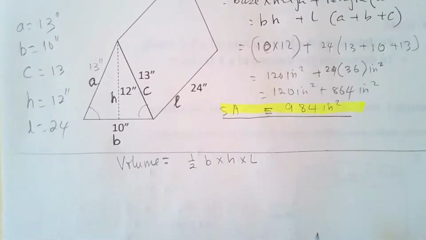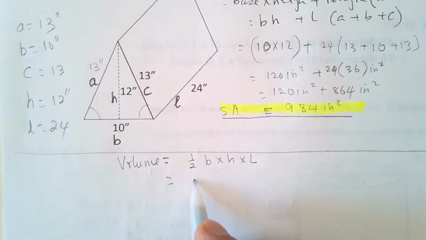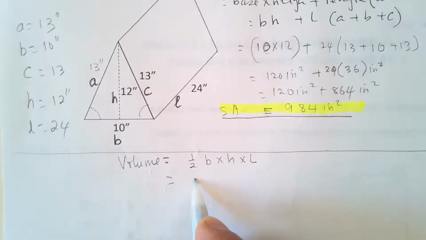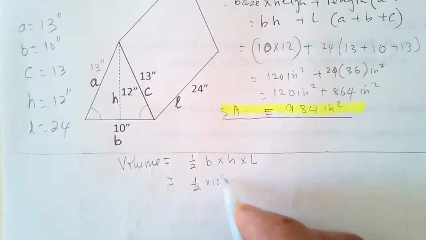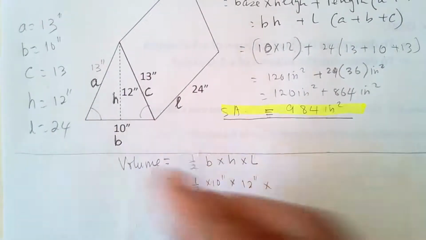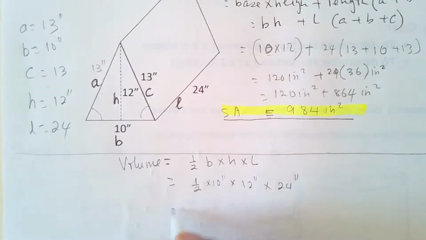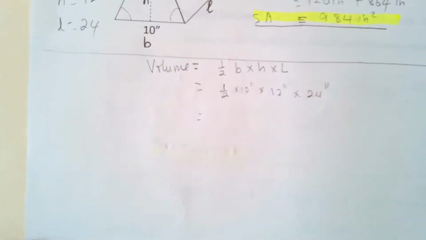Now we are going to utilize our values given here, which is half the base is 10 inches multiplied by the height, which is 12 inches, multiplied by the length, which is 24 inches. Now 10 times 12 times 24 will give us what? 2880. So let's work that out, make sure I'm on the right track here.